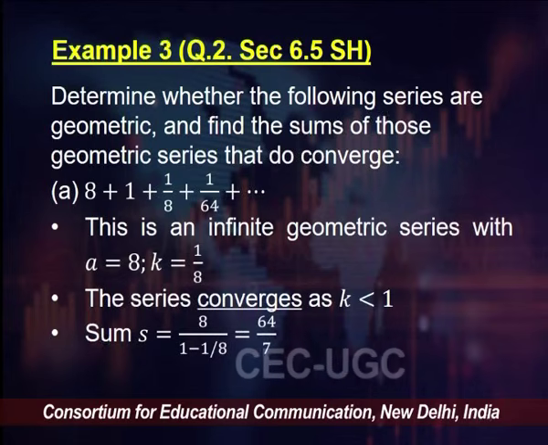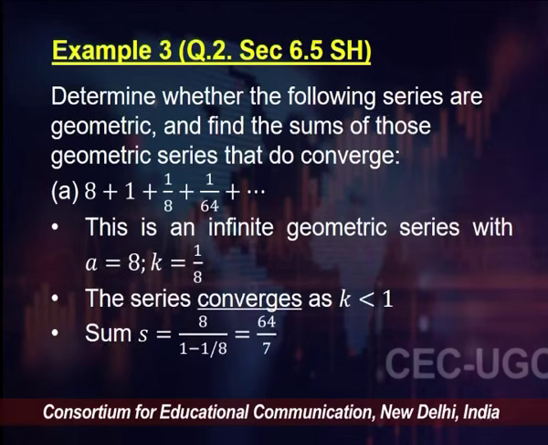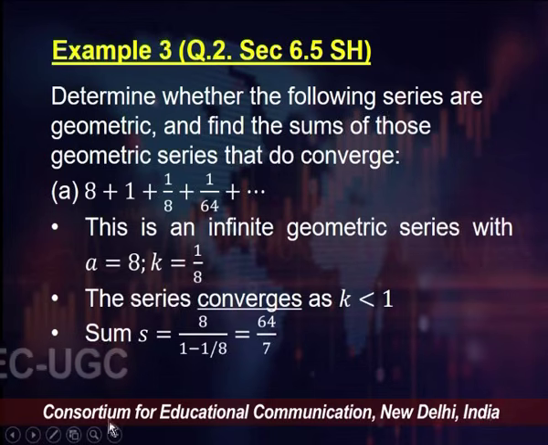Now, what does it converge to? If you go back to the summary of results and check, the formula is a divided by 1 minus k.